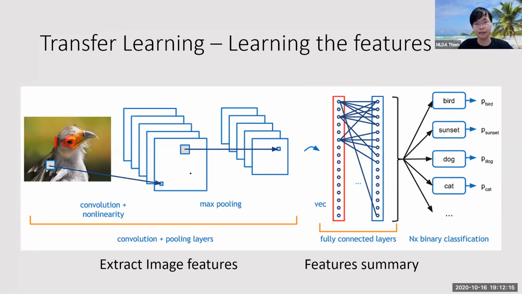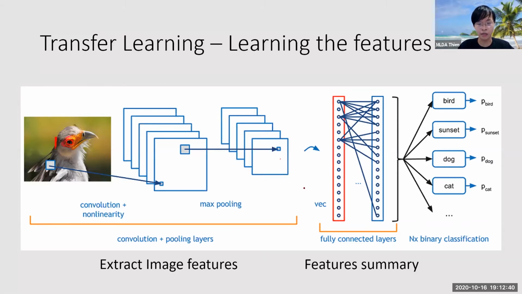And then after they extract the features, they summarize them inside this dense fully connected layer. So this is a vector, and in a vector you have a lot of numbers. Each number represents something we don't know, but it's good enough for us to understand how to classify the image.